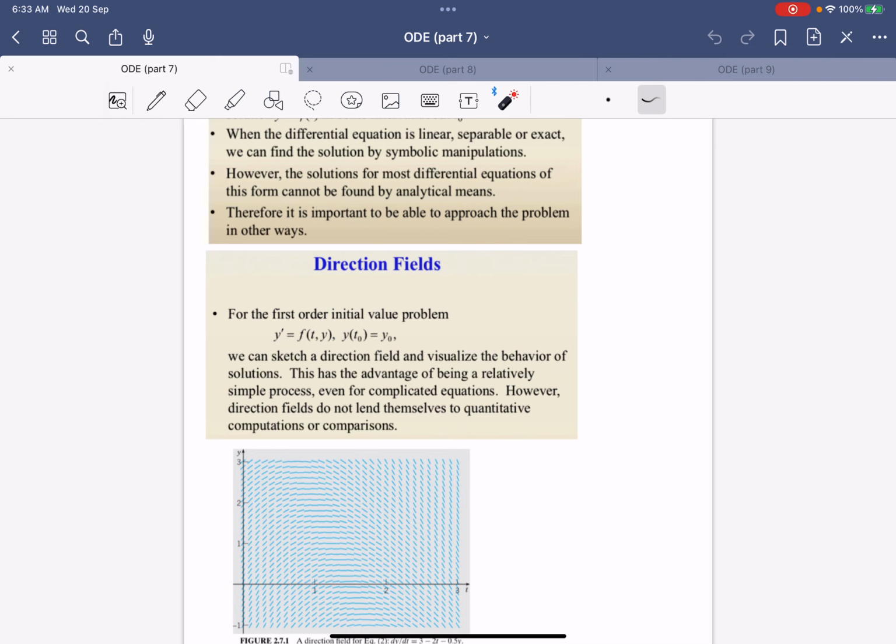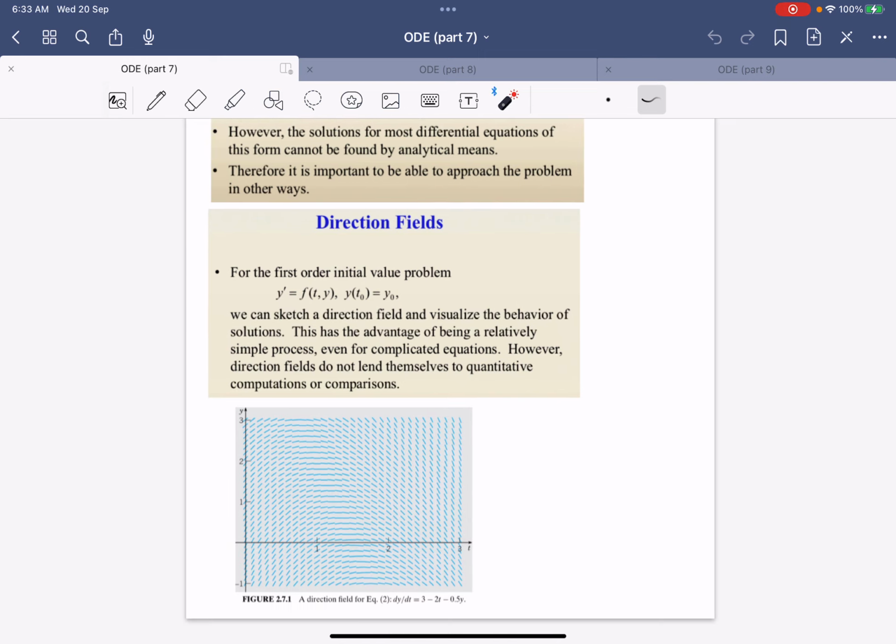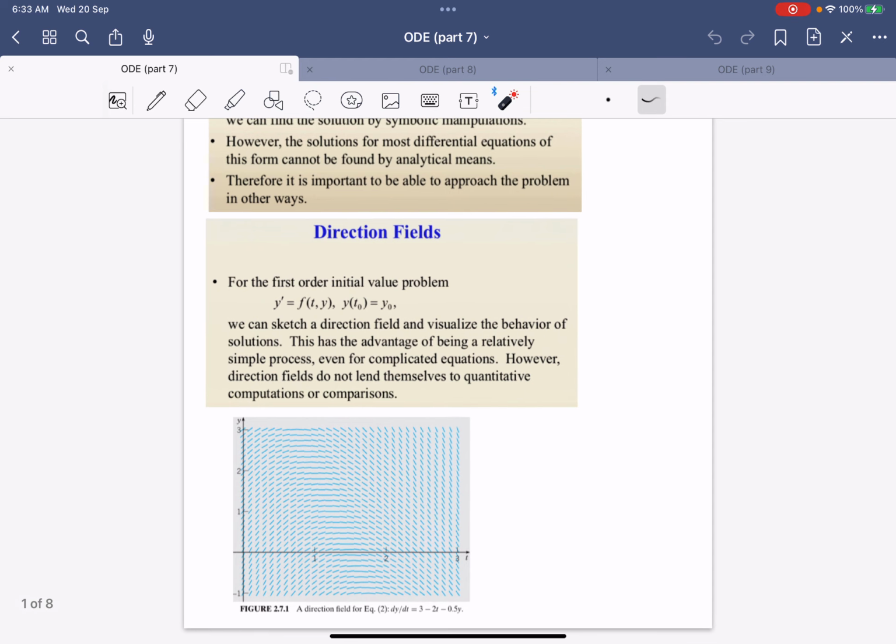One way is to use the direction field that we already know to sketch the behavior of the solution. And this gives us a qualitative idea of how the graph will essentially look. However, direction fields themselves do not lead to any quantitative computations or comparison.